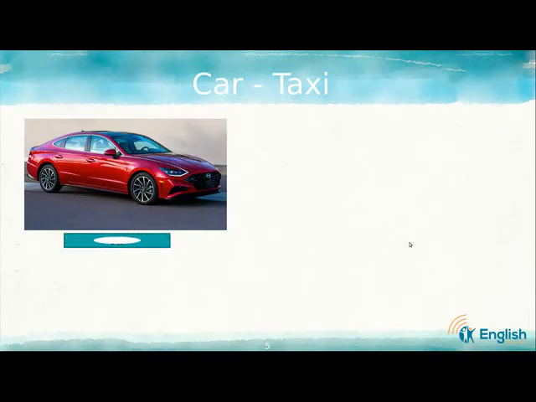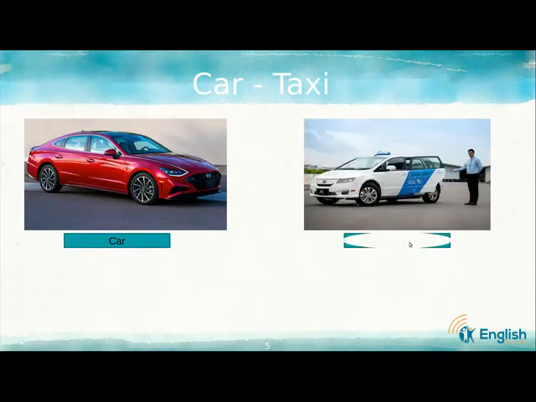Car, car, taxi, taxi. The difference between a car and a taxi is that when you use a taxi, you have to pay the driver to take you to your destination.